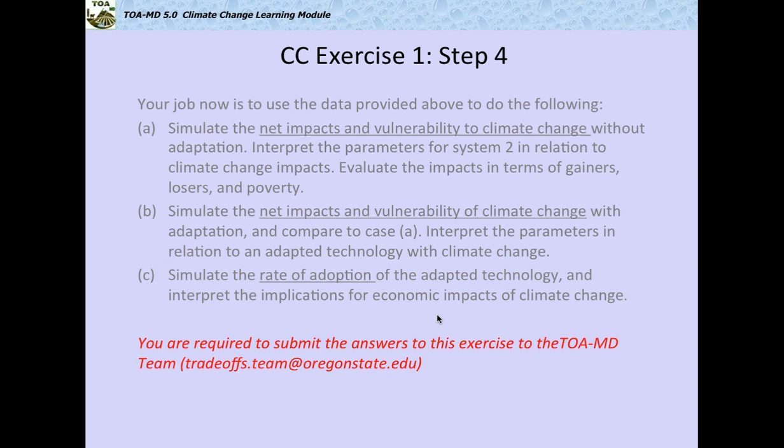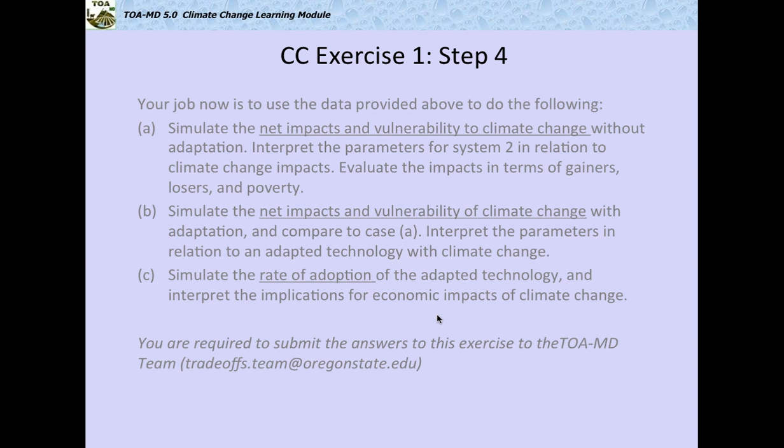So you essentially are replicating that climate impact analysis, but creating system 2 with adaptation. And then the third analysis is looking at the rate of adoption, so it's doing an adoption analysis with the adapted technology. Okay, so try to work through that exercise.